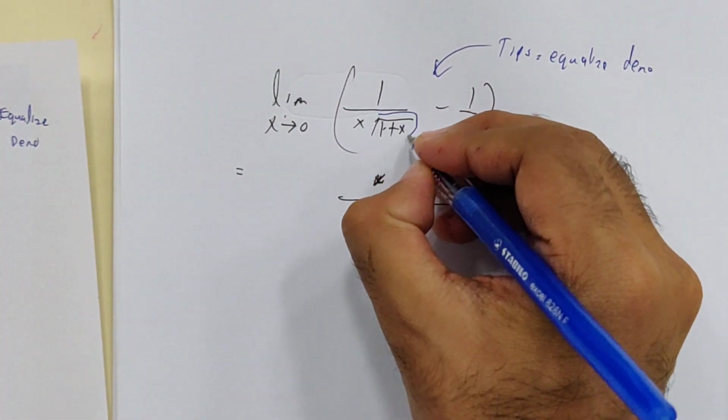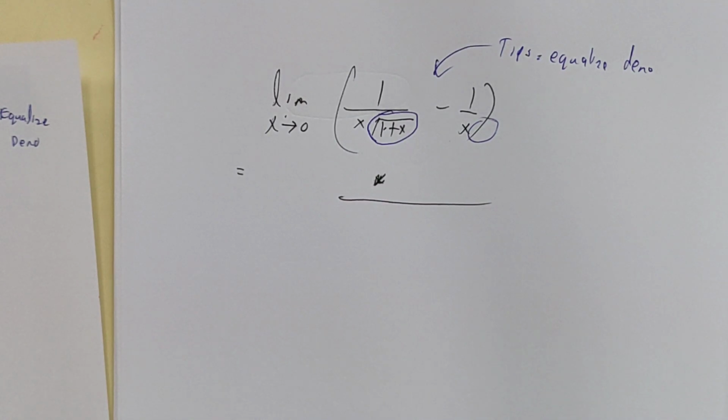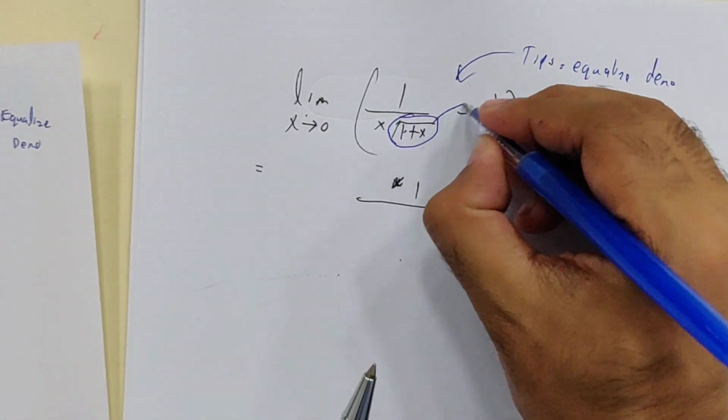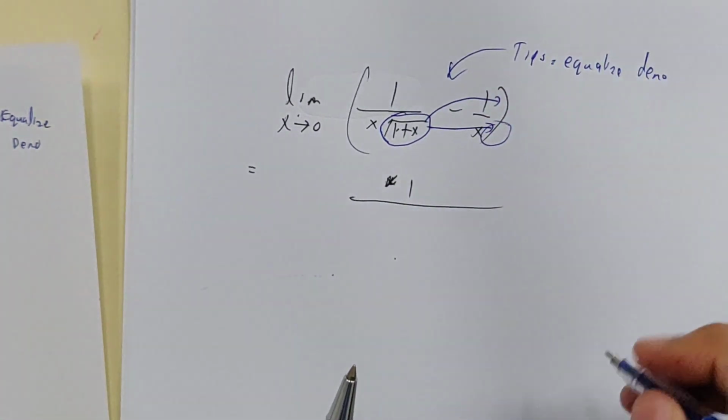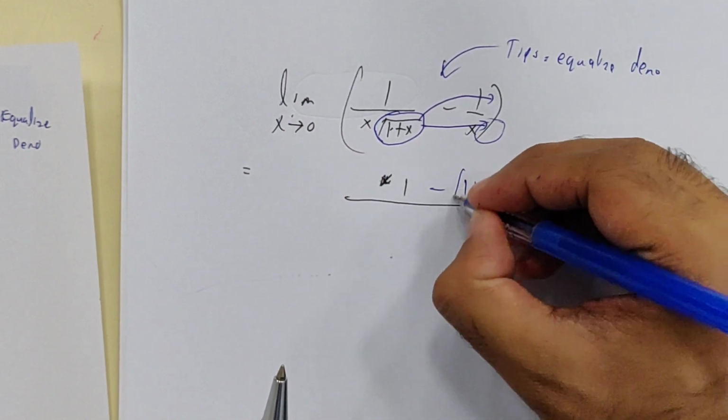This guy here has this thing. This guy here does not have that thing, but they both have x. So I should multiply the right side with this, so minus 1 plus square root of x.